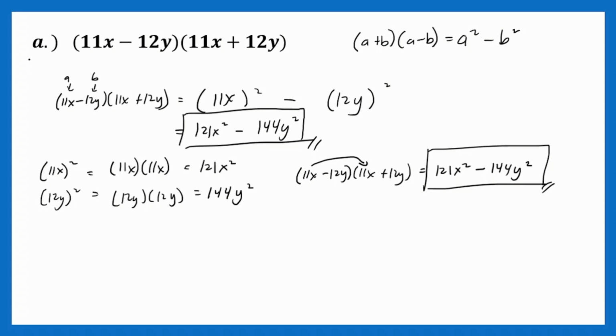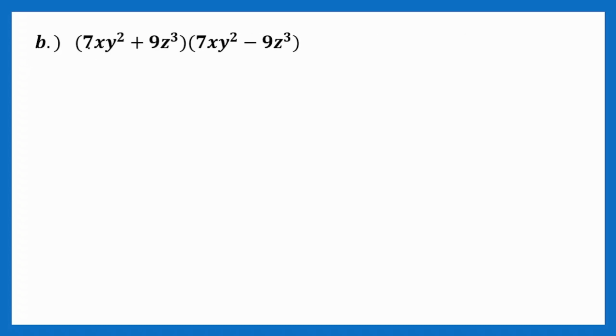Alright, so let's proceed to letter B. So 7xy squared plus 9z cubed multiplied by 7xy squared minus 9z cubed. So pattern, sabayan niyo si sir. A plus b times a minus b is equal to a squared minus b squared. Very good. So let me write it down muna. 7xy squared plus 9z cubed. 7xy squared minus 9z cubed.